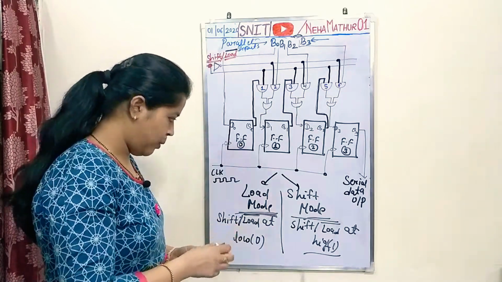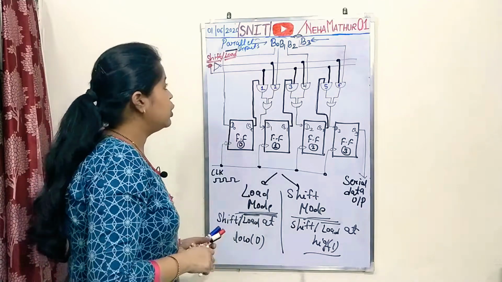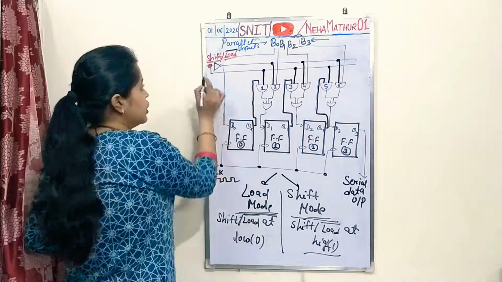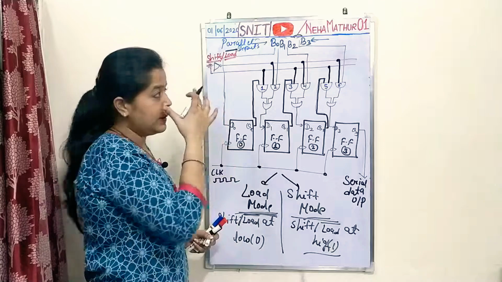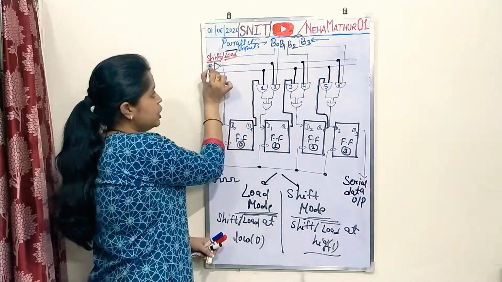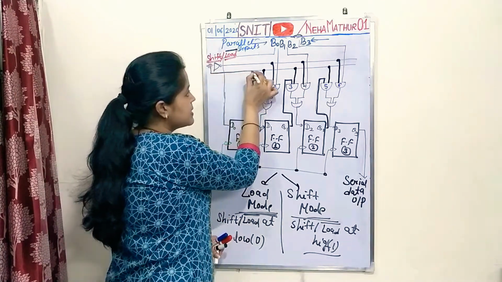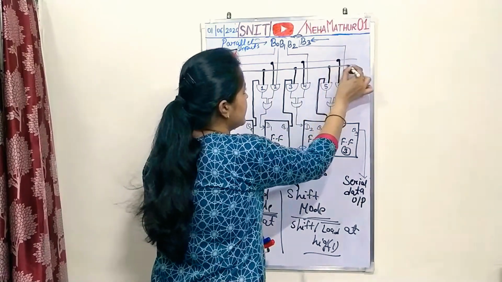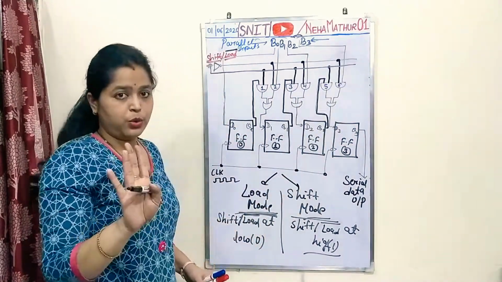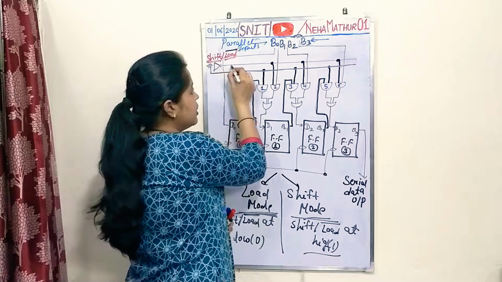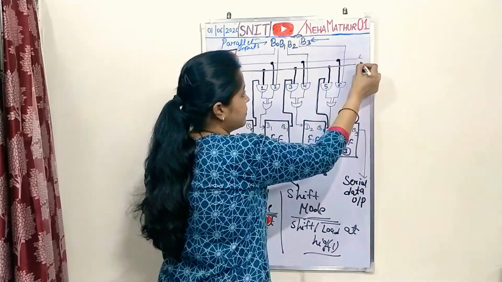Now come to its operation. See, in load mode, that means this node is 0. Now this is 0, that means this complete line is set at 0, but your upper line is set at 1.